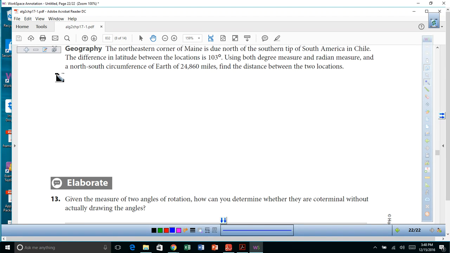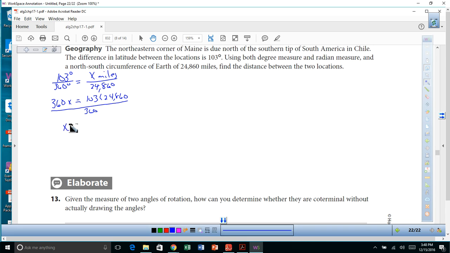So let's see, 103 degrees over 360 degrees equals x miles over 24,860 miles. Okay. Cross multiply and you get 360 x equals 103 times 24,860. And then I guess you're going to want to divide by 360.